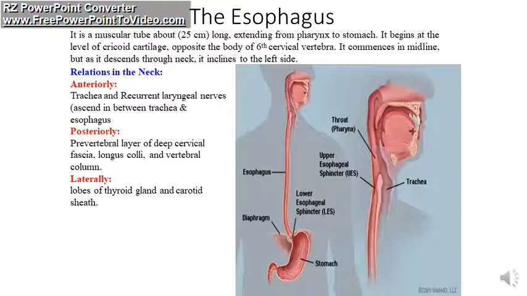It starts from the oropharynx, laryngeal pharynx, and continues to reach the stomach. The process of digestion starts from the mouth, and the food comes down by swallowing to the esophagus, to the diaphragm here, which is the gastric orifice, you see here, and to the stomach.